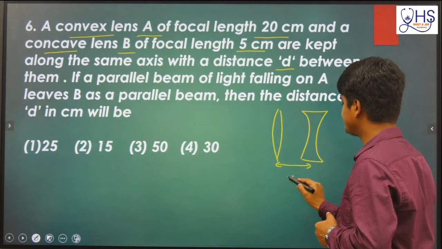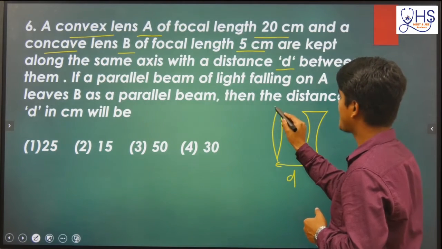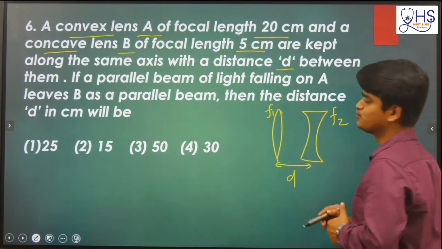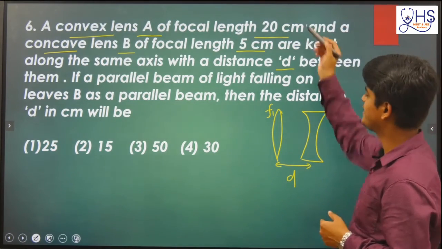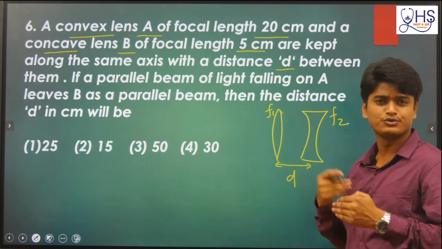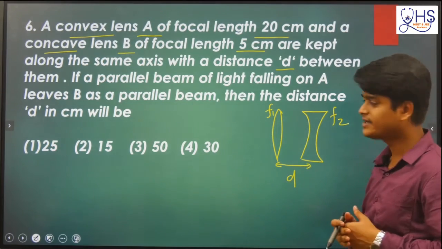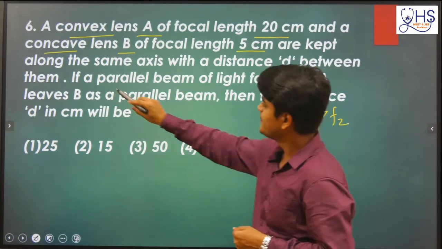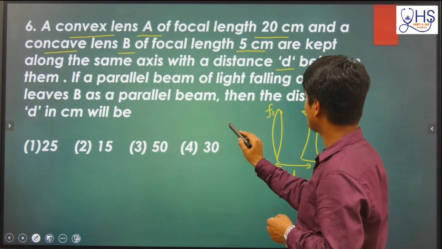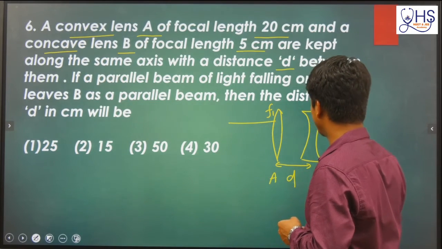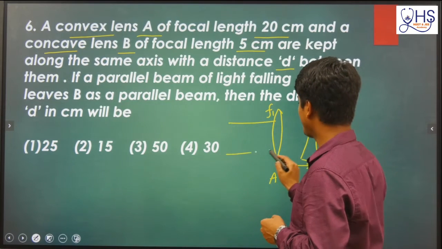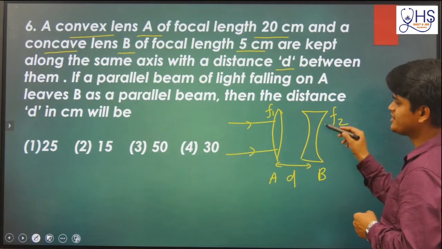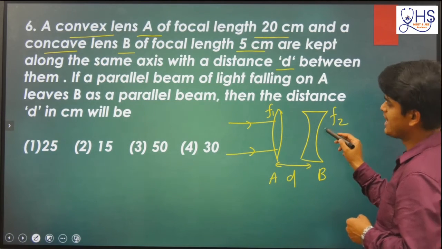I am writing this focal length as f1 and this focal length as f2; I will explain the sign convention for f1 and f2. Now they are telling that if a parallel beam of light is falling on A, then it emerges through B as the same parallel beam.